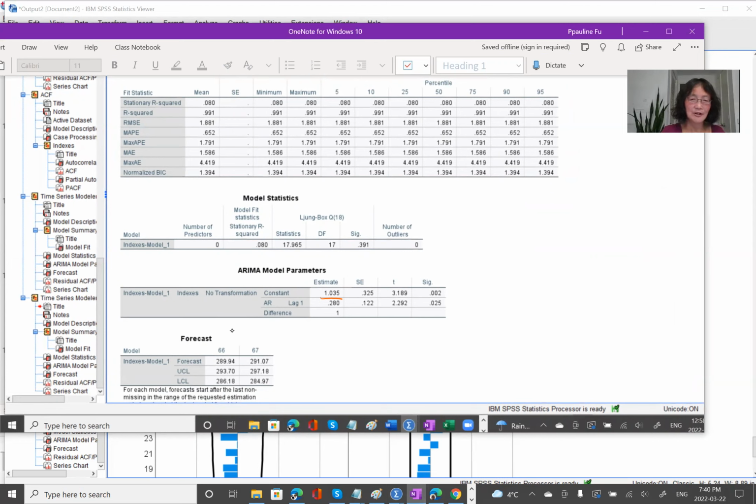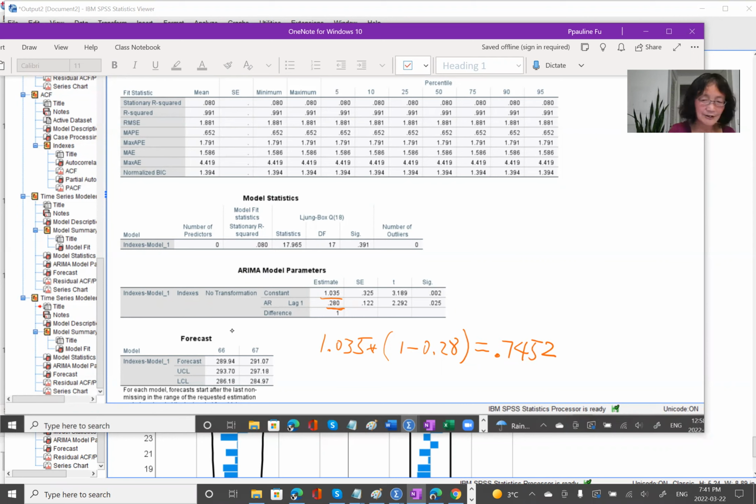What you need to do is use this number, 1.035, times the bracket 1 minus the coefficient for one time lag, 1 minus 0.28. You need to do this calculation. And this result is 0.7452.